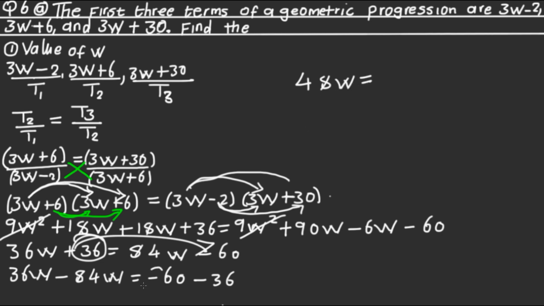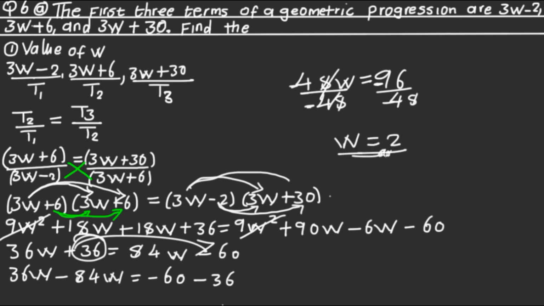Then here we have negative, negative, so we are supposed to add. So this will give us 96. We can divide by 48, here by 48. Let me not forget the sign. So this is negative, this is negative. w is equal to 2. So this is our final answer.